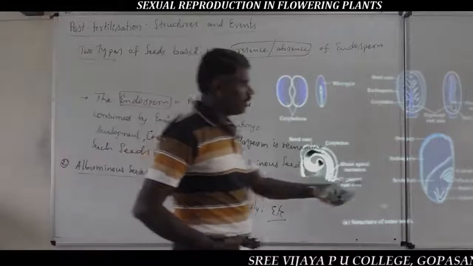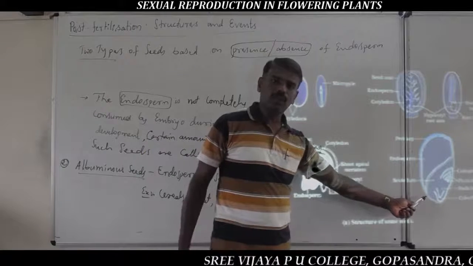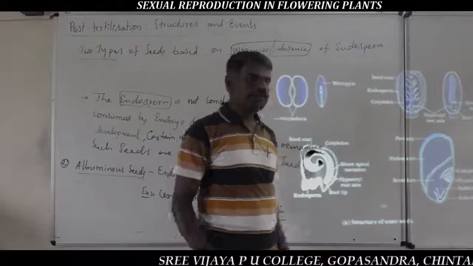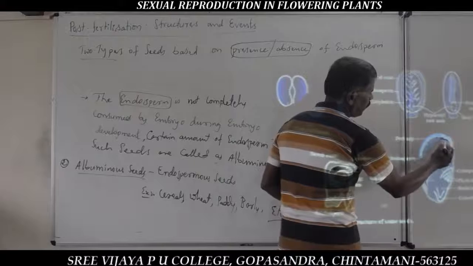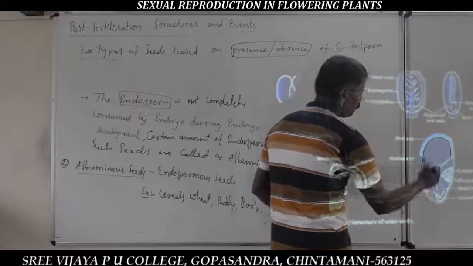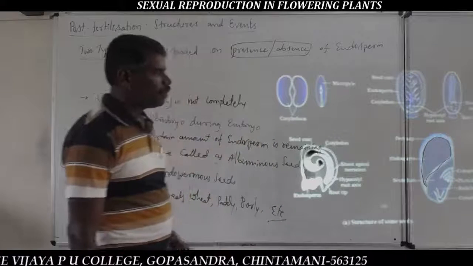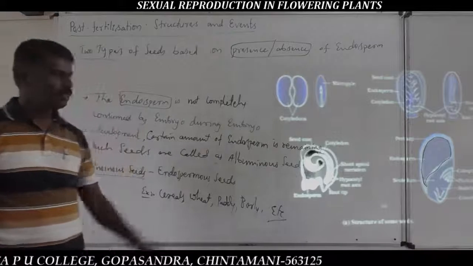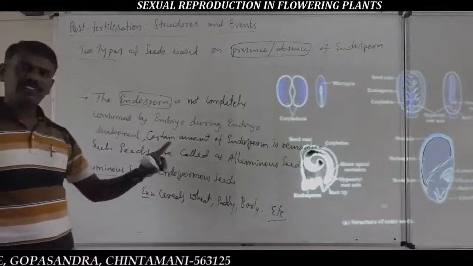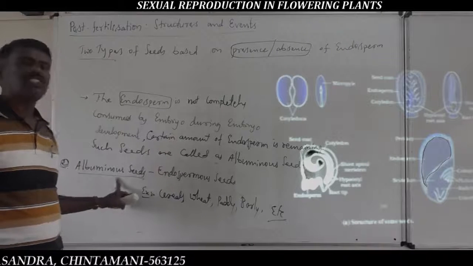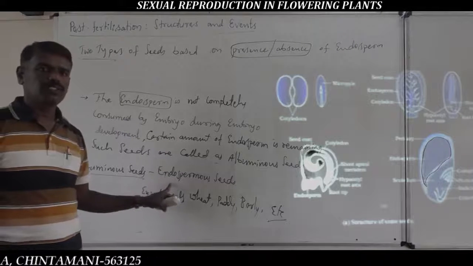As you see here, this is a monocot maize seed. In the maize seed, this portion is completely endosperm. The endosperm remains in the maize seed, so it is called an albuminous or endospermous seed.